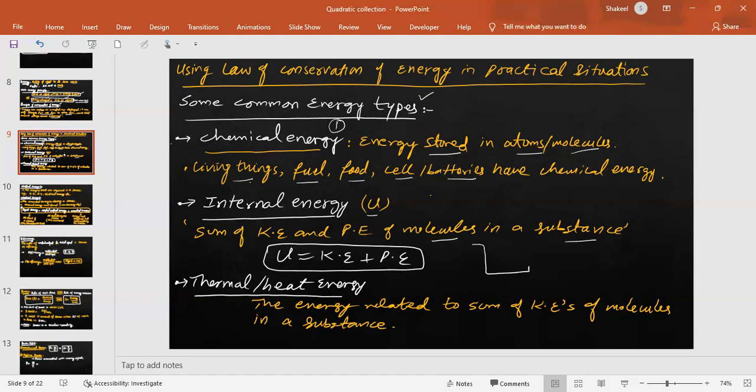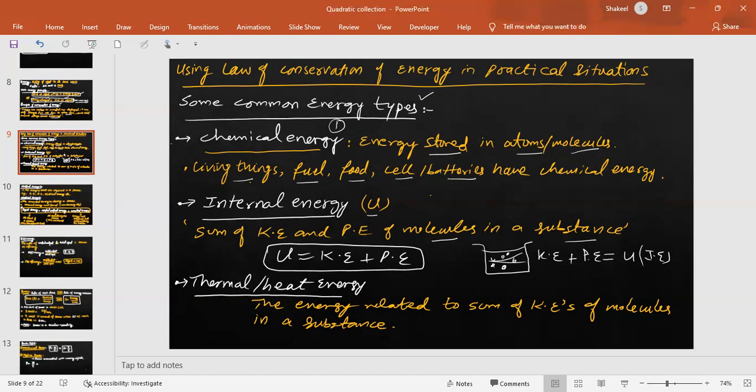Let's say there is a liquid, and some molecules, of course, are there. The molecules are also moving, so they have kinetic energy, and they are attached with each other through some bonding, so they have potential energy. So if you add the kinetic energy and potential energy of molecules in a substance, you get internal energy.